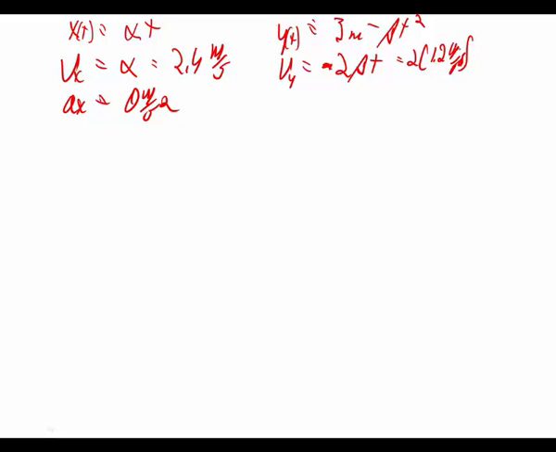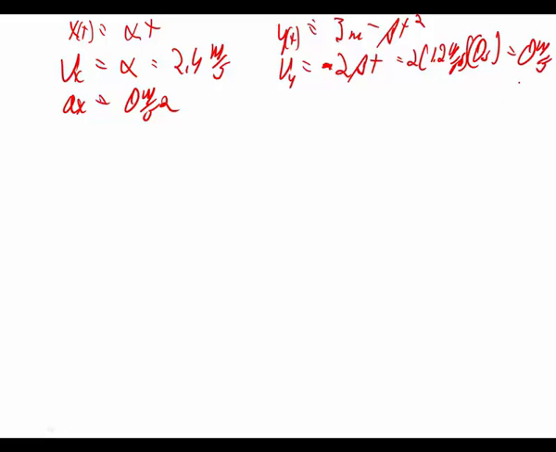Wait a minute, what did it ask again? Calculate the velocity and acceleration vectors of the birds as a function of time. At time 0, what is the velocity in the y direction going to be? 0 meters per second.